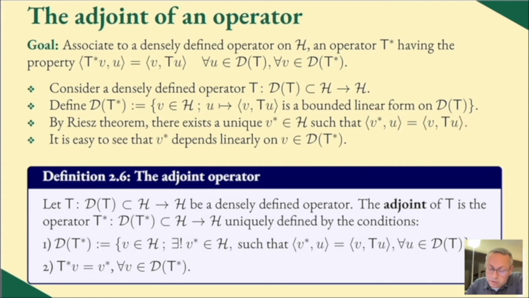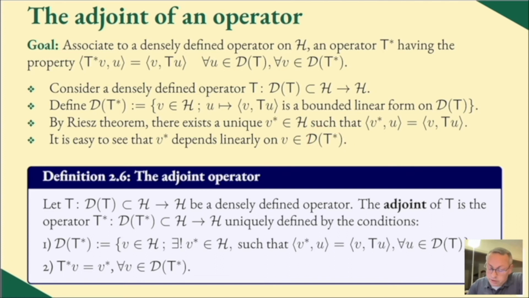And since v star is unique, well, we define a map which associates v star to v, right? And I think it's easy to see that v star depends linearly on v. So we have defined an operator on this domain.